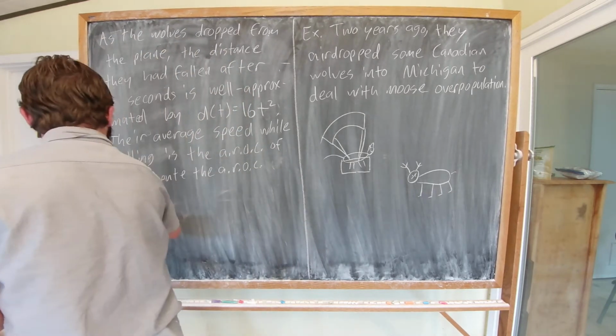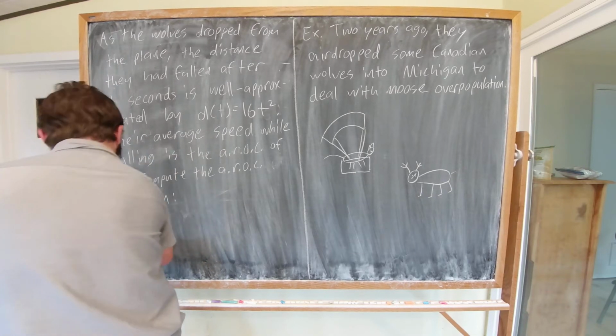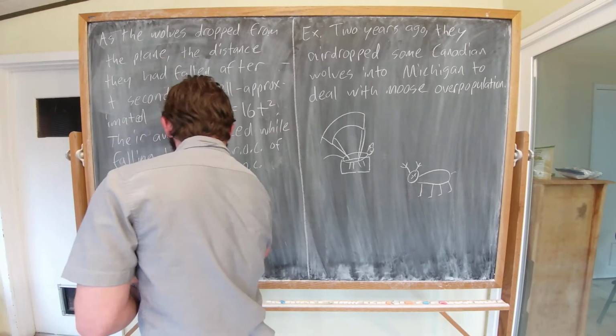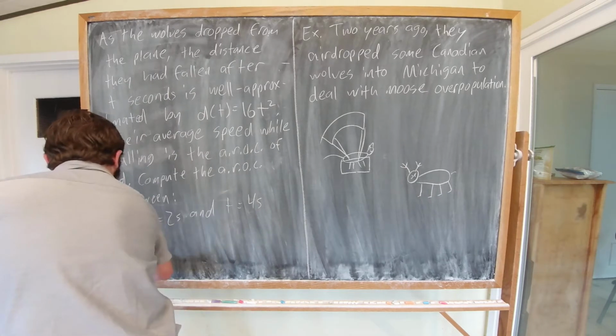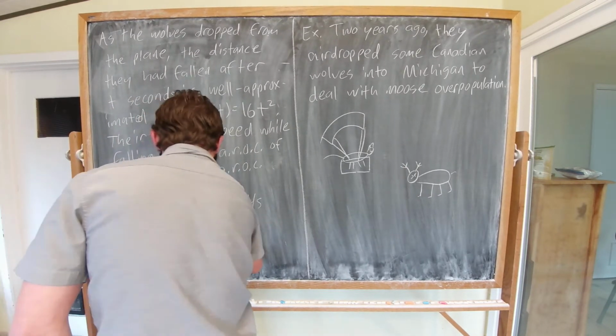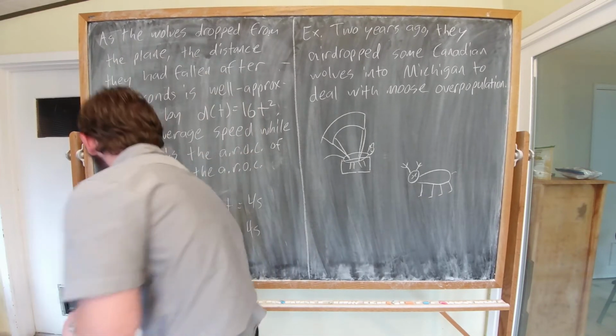So let's compute the average rate of change between A, t equals 2 seconds and t equals 4 seconds, B, t equals 3 seconds and t equals 4 seconds.